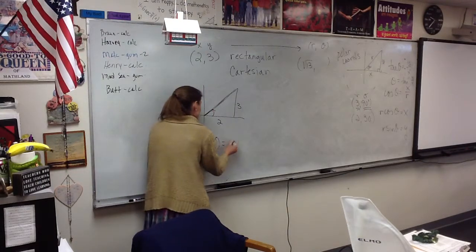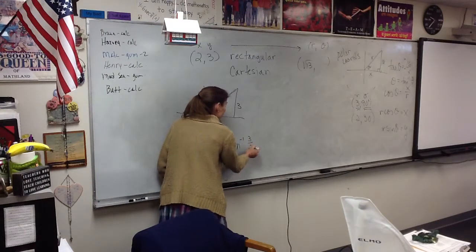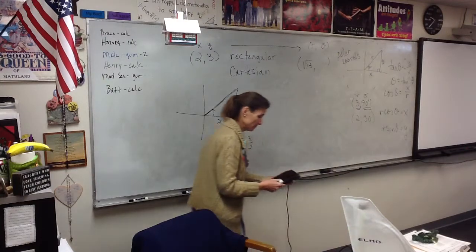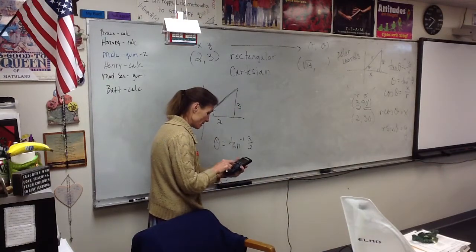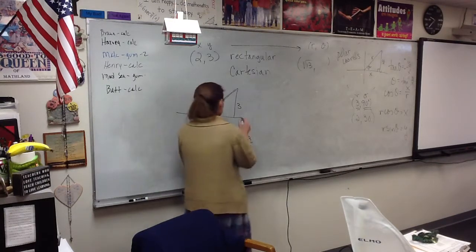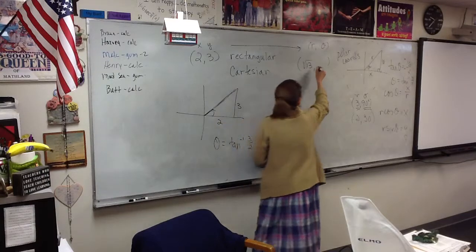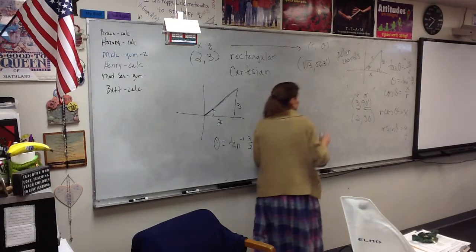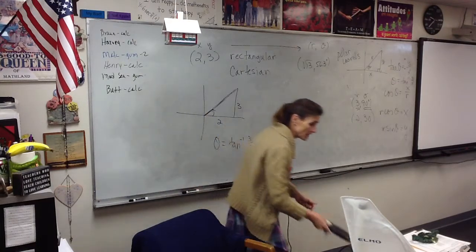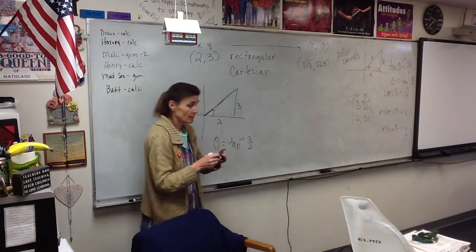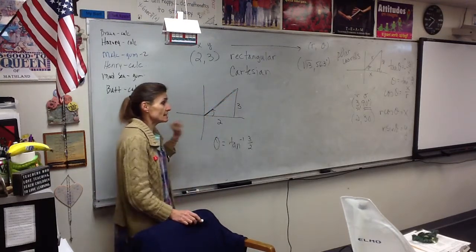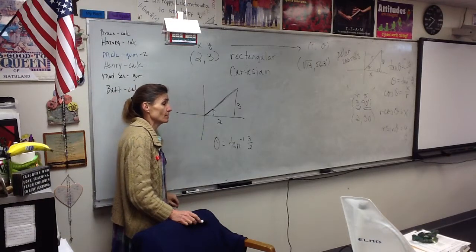You're going to say second tangent 3/2, and that will give you an angle. 56.3. Now that is not hard. It's new. You've never seen polar coordinates before, but it's easy. You know how to find them.